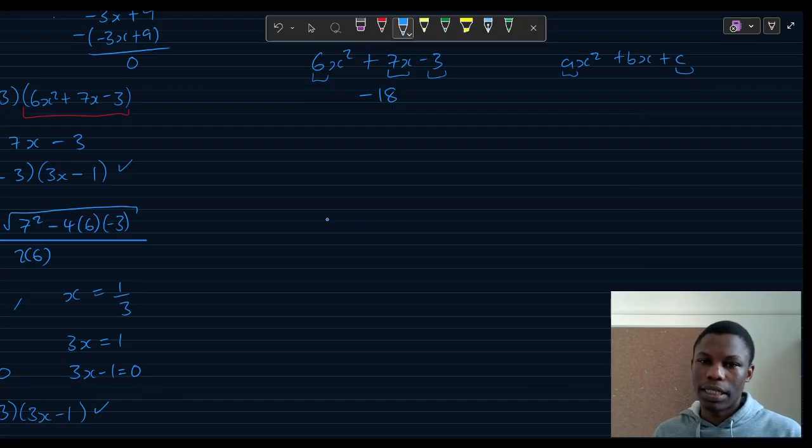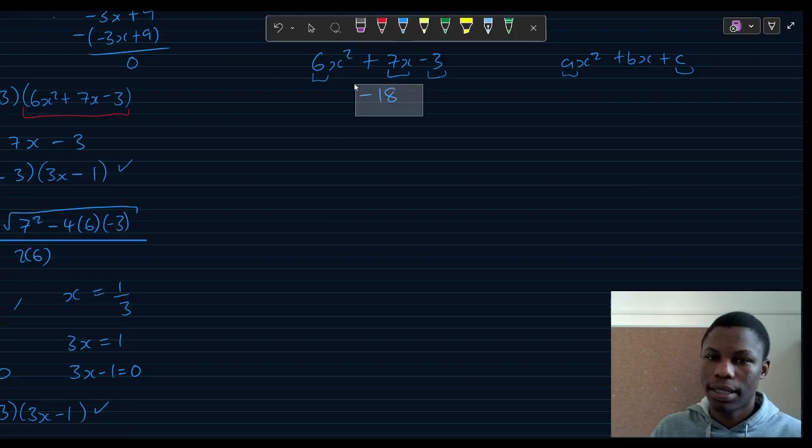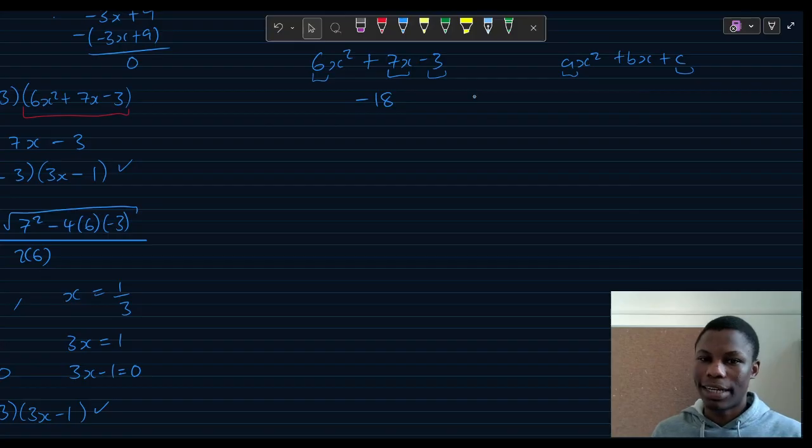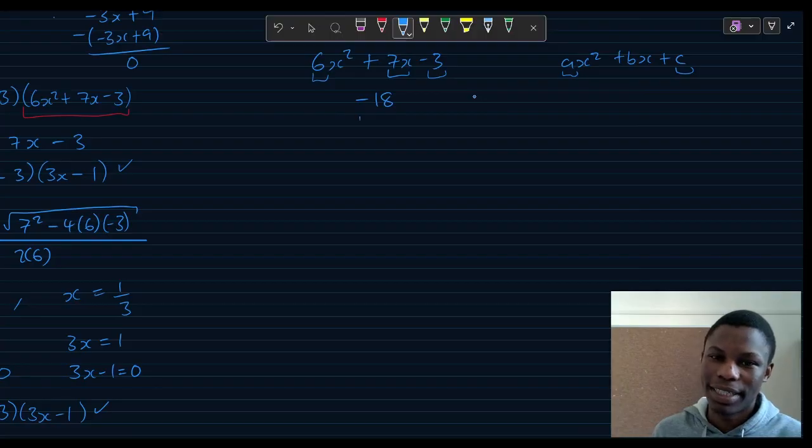So negative 18, I'm thinking 6 and 3, not quite. 9 and 2 could work. So I need to structure them so that they add up to 7. So I know that I have 9 and 2, right? Or specifically, I have 9 times negative 2. That gives me negative 18.